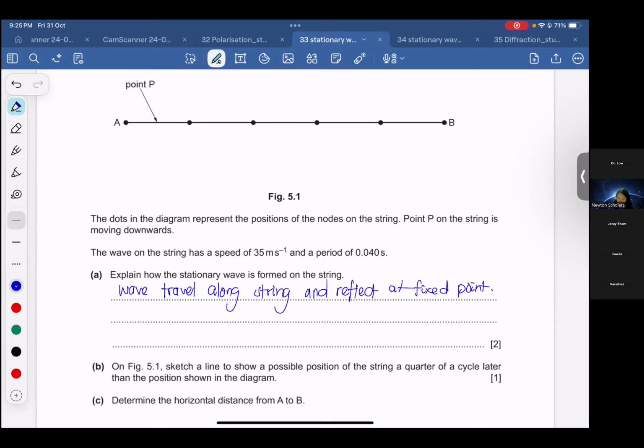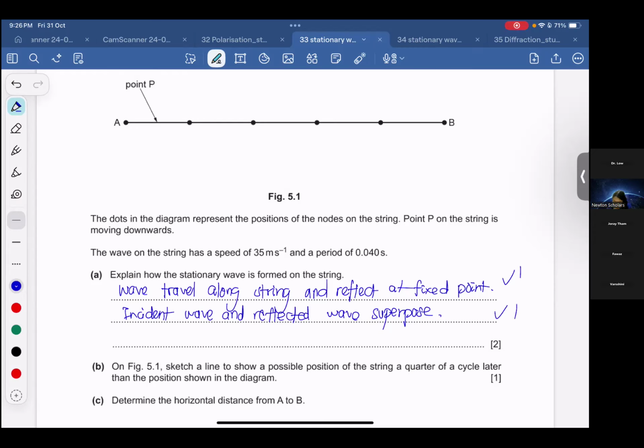Then the incident wave and reflected wave superpose. Okay, how is the stationary wave formed? This is too much. Okay, next.